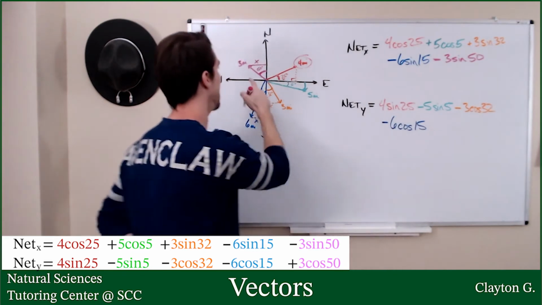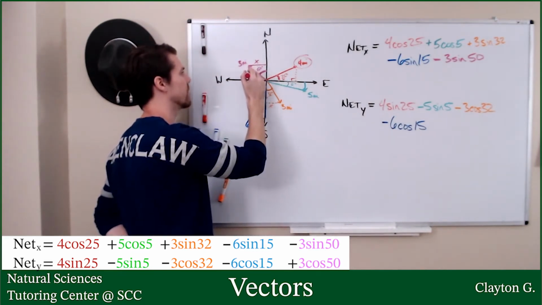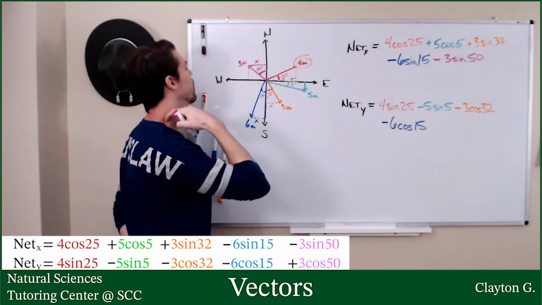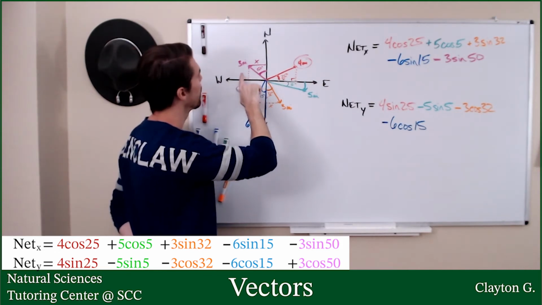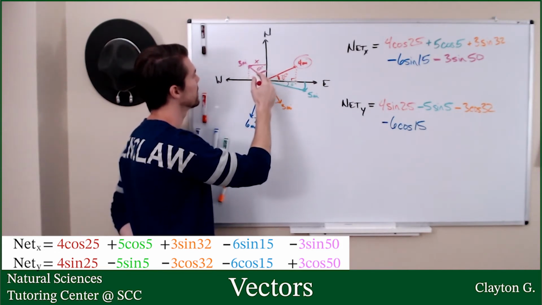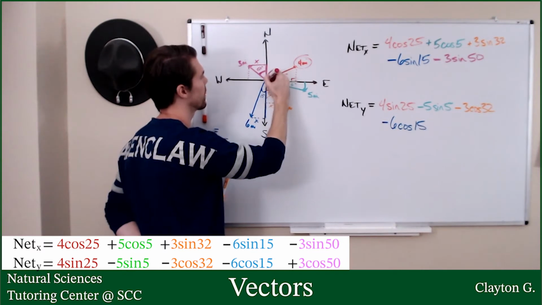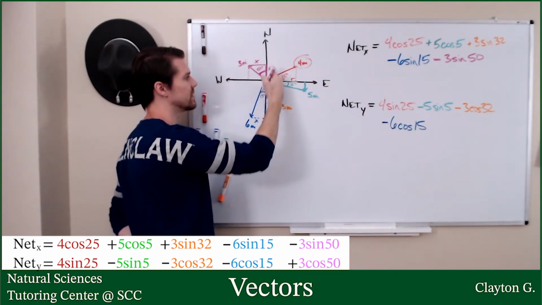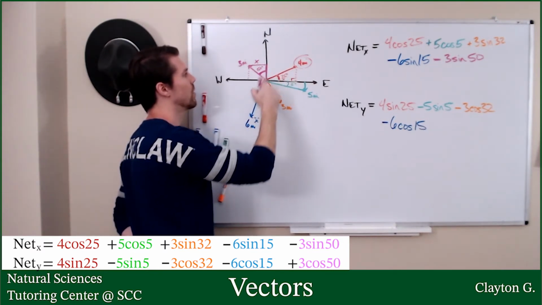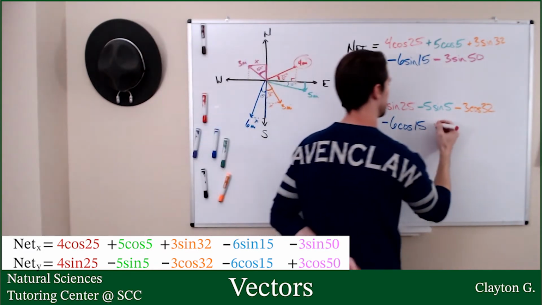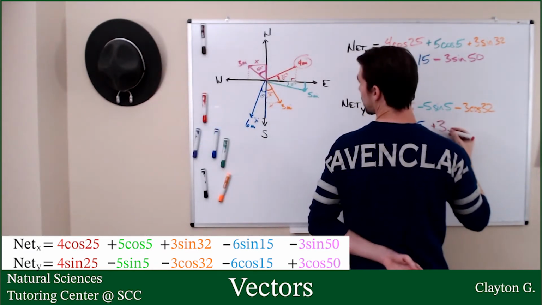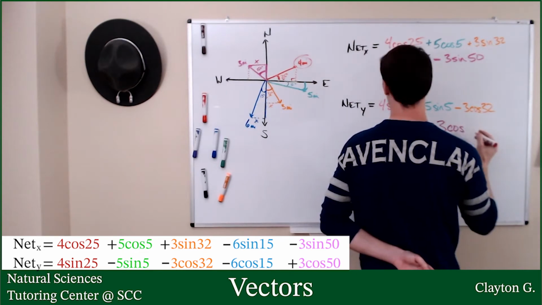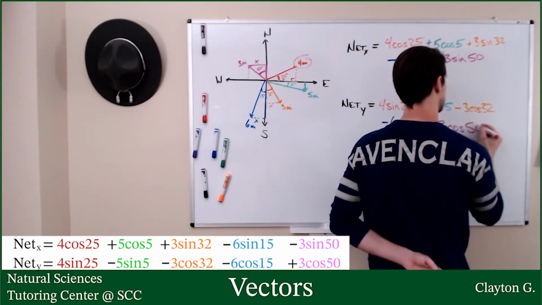And it is positive in the y direction here. So we will call this 3. I should look at this side right here. This is the adjacent side from our reference angle. So this is plus 3 cosine, I can't remember what I said, 50 degrees.